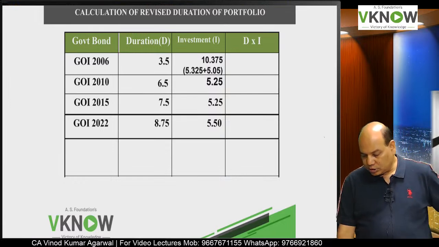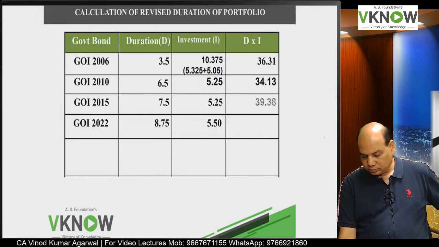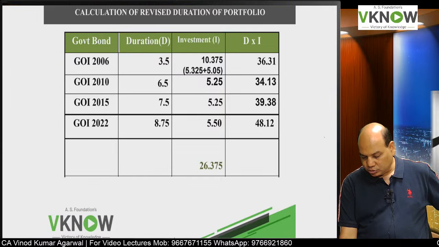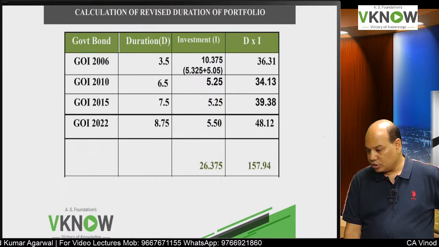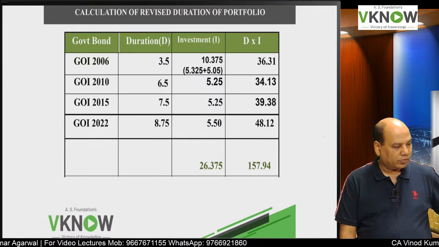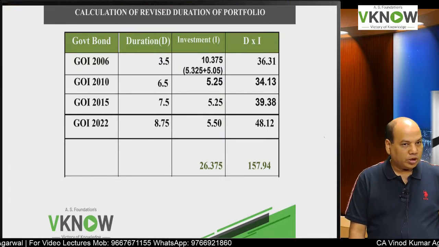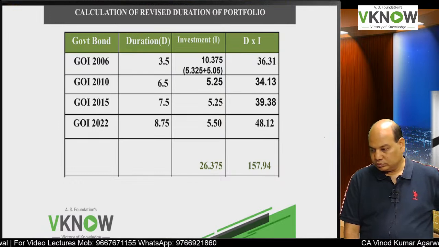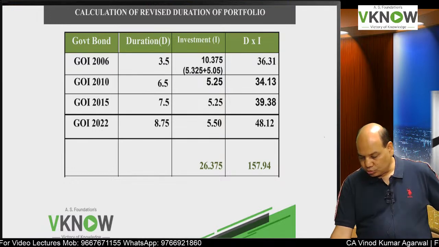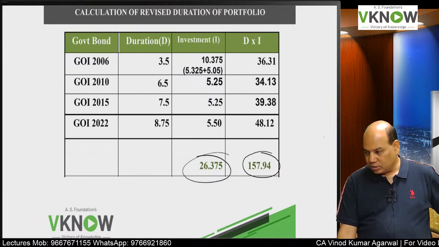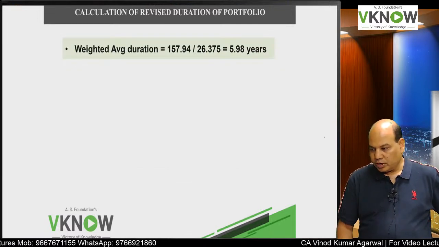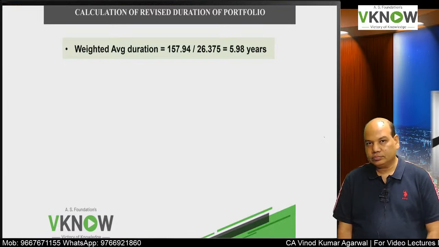So please tell me the total of last column. Anybody? Total of last column 157.94. Write down these two numbers, you can check it later, and write down below weighted average duration.